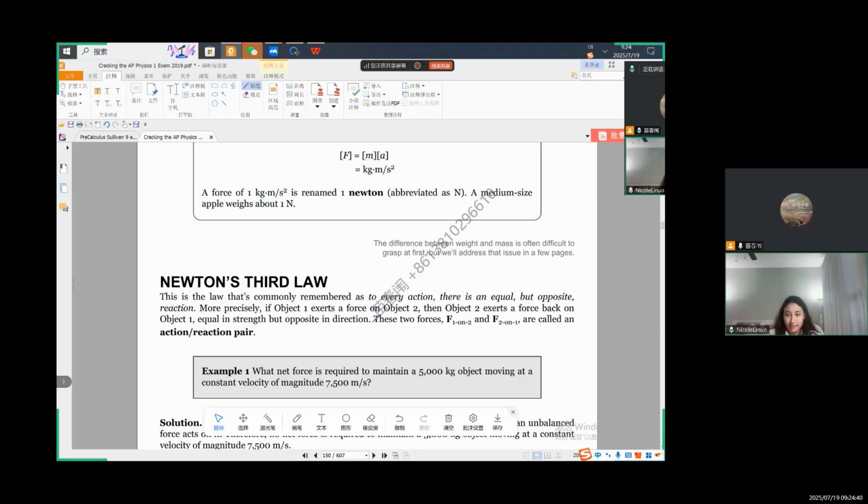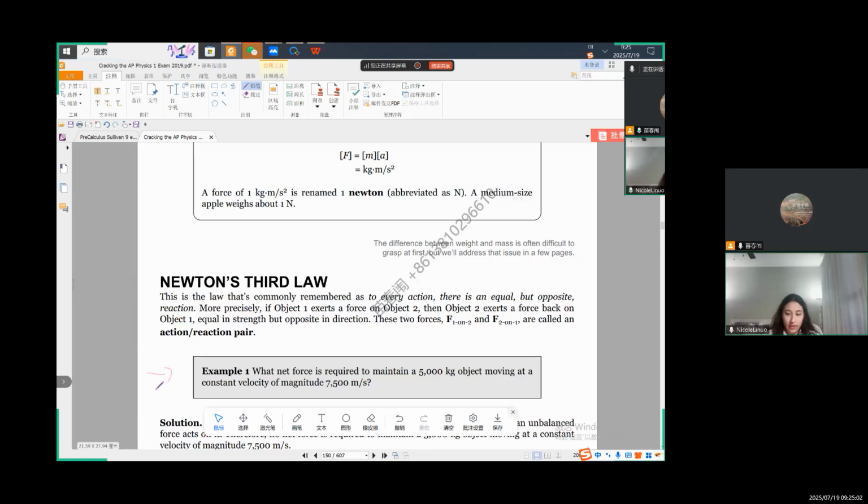Let's say example one. Do you remember Newton's laws? The third one or all three? All three. The first one: if something in motion stays in motion unless disturbed by an unbalanced force.